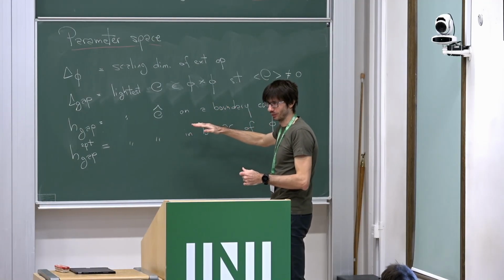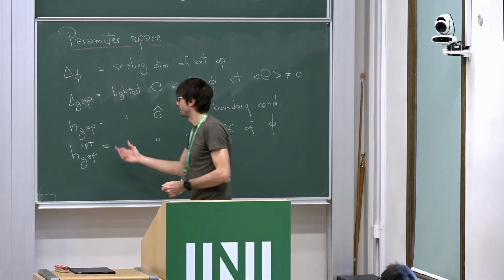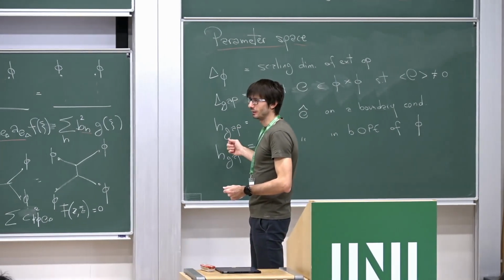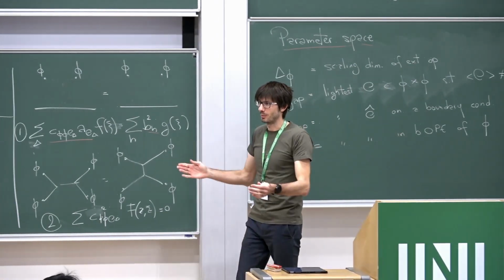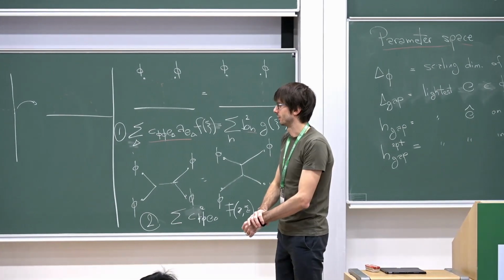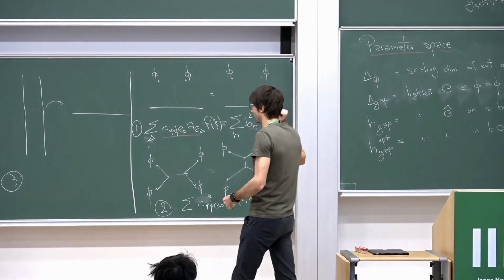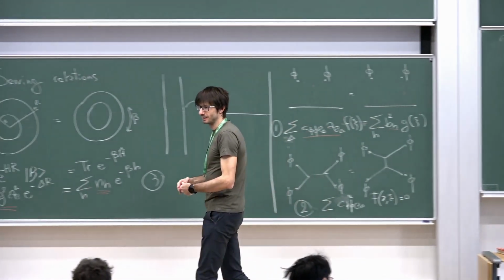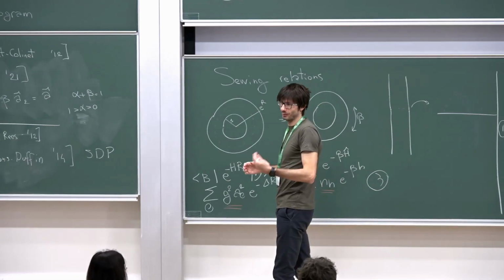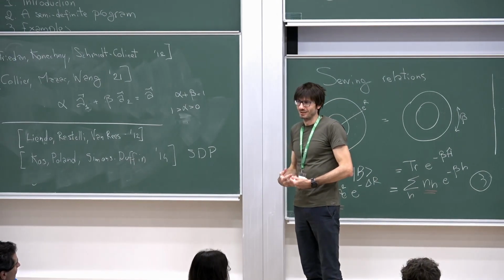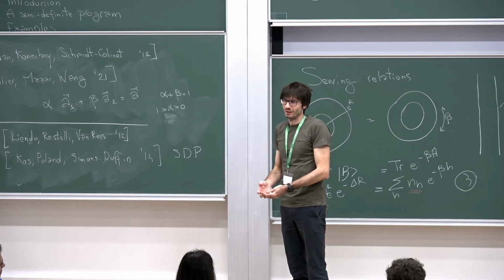So for instance, it could be that the boundary gap is infinity, in the sense that if I have, I don't know, a minimal model, and I'm looking at a boundary condition which only has the identity, then the gap above the identity Virasoro module could be infinite.